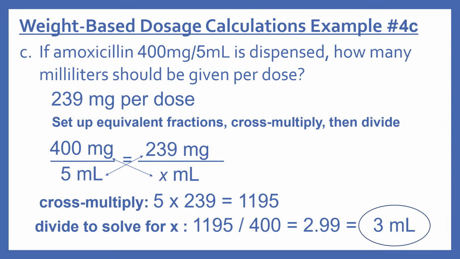So we're solving for X. So if we take 5 times 239, that equals 1,195. Then divide to solve for X, divided by 400 equals 2.99. We'll round that to 3, so it will be 3 milliliters would give us 239 milligrams, and that would be the amount that the patient should take per dose.